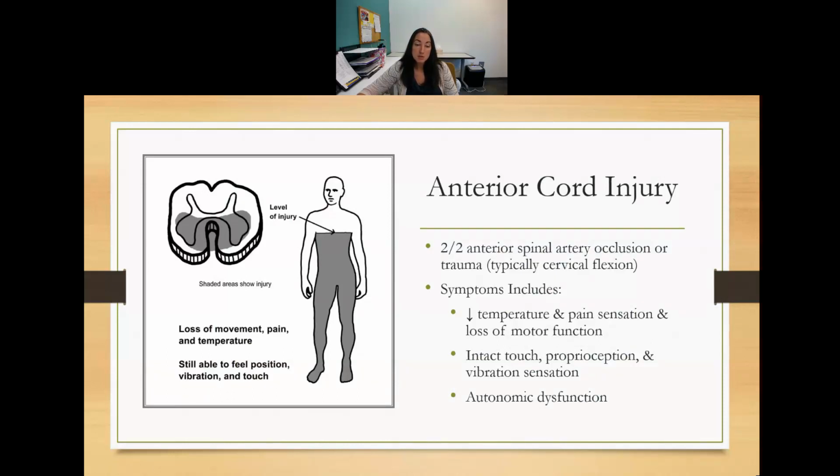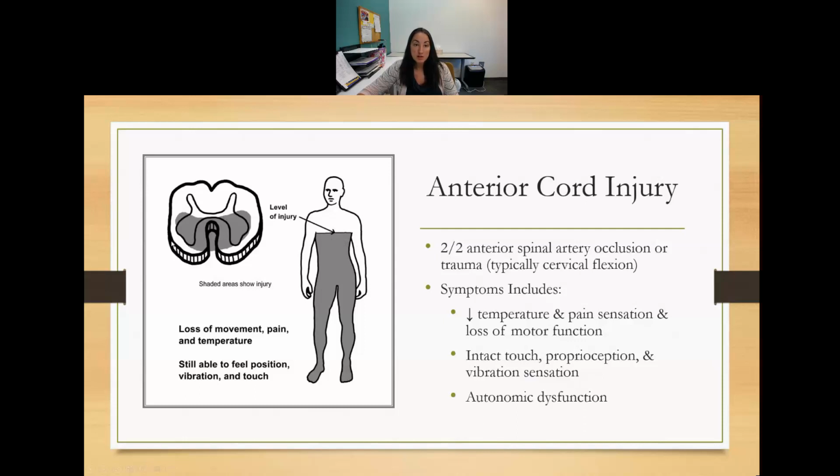But the symptoms would include decreased temperature, pain, and loss of motor function at and below that level. If it's complete, if it's incomplete, there could be some spots that it has some sensation and motor function. Now, proprioception, light touch, vibration are all intact, because that portion of the cord is not affected.